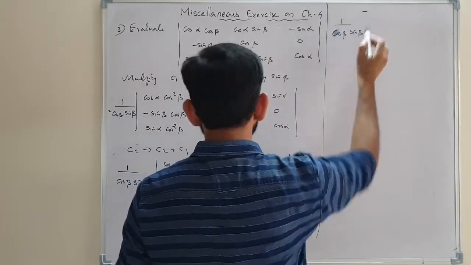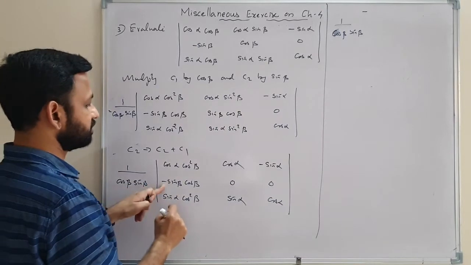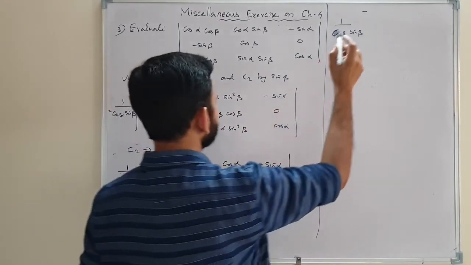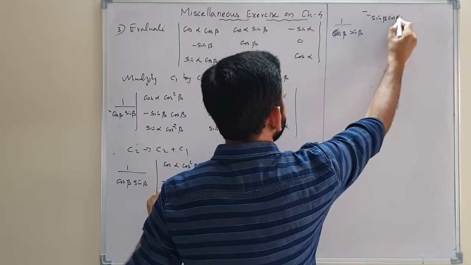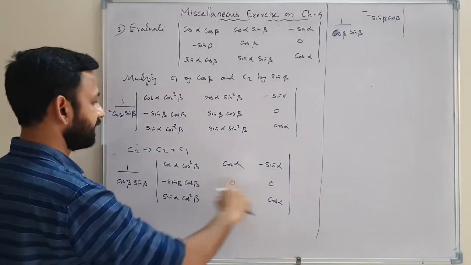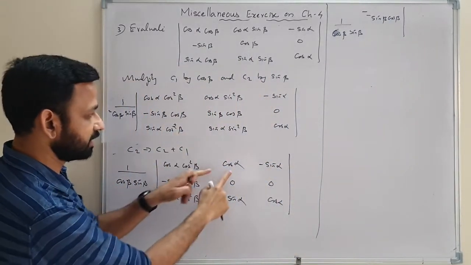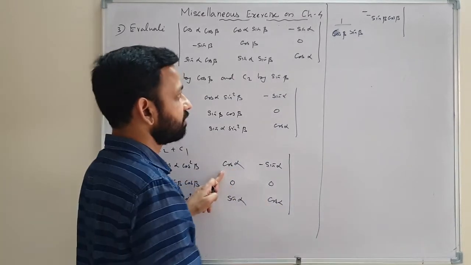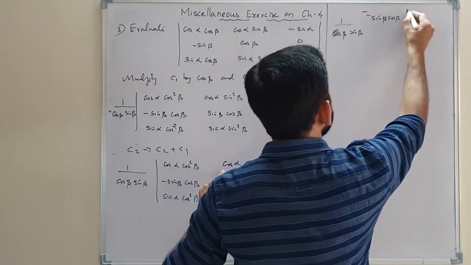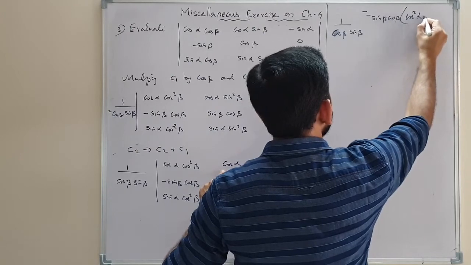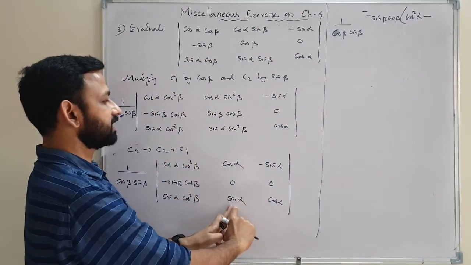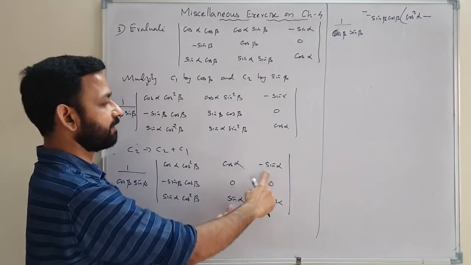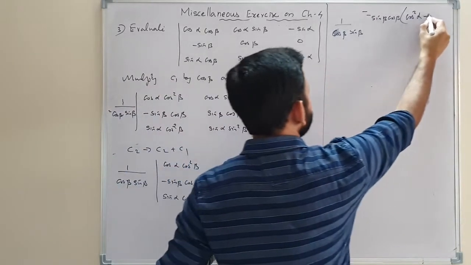So minus into minus sin beta cos beta, then deleting, cos alpha into cos alpha is cos square alpha, minus sin alpha into sin alpha, sin square alpha, and with one more negative sign, plus sin square alpha.